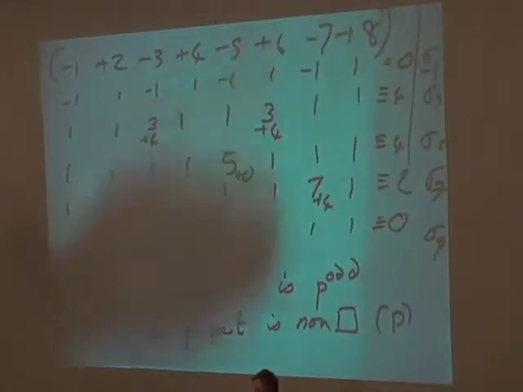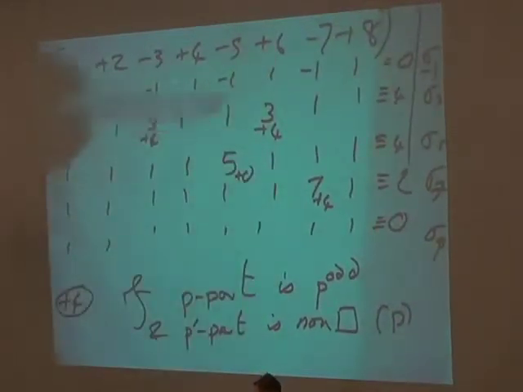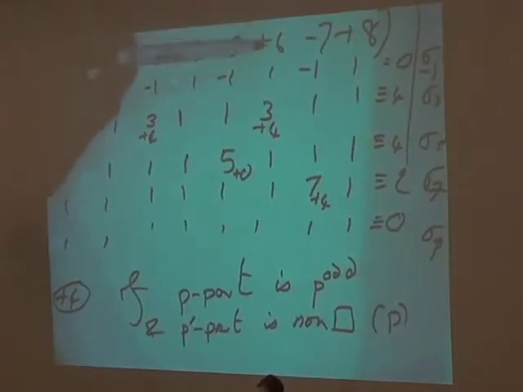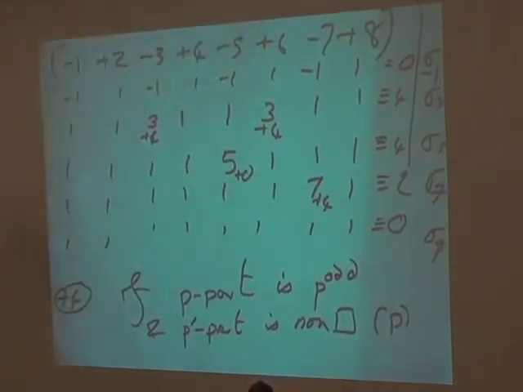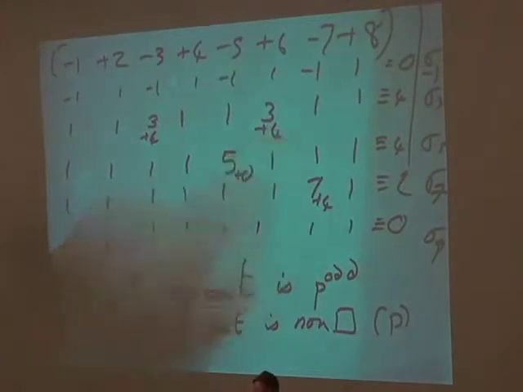So 2 is a non-square mod 3. So the p part was 3 here, which is 3 to the odd power. So I add a 4 in that case.